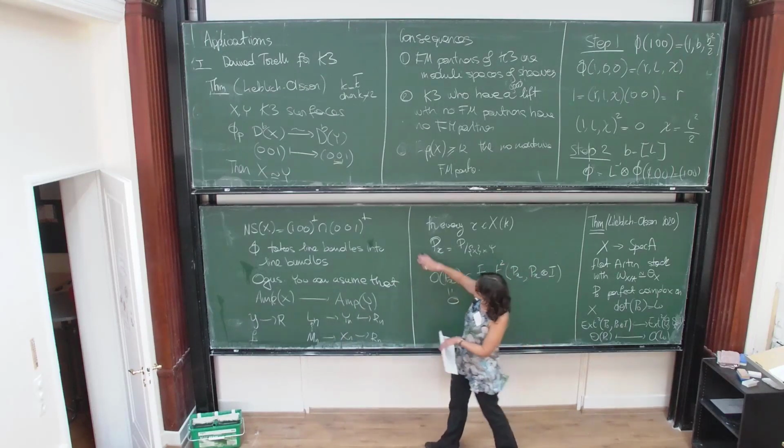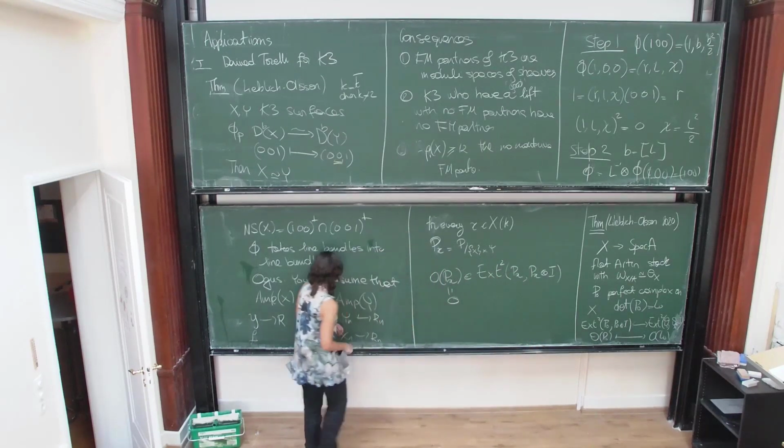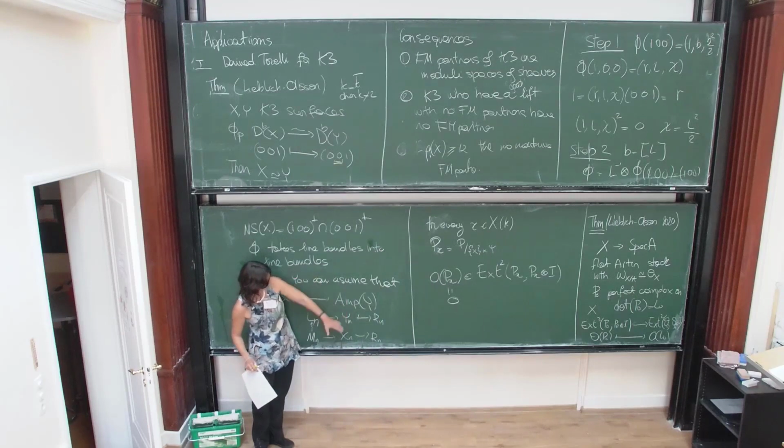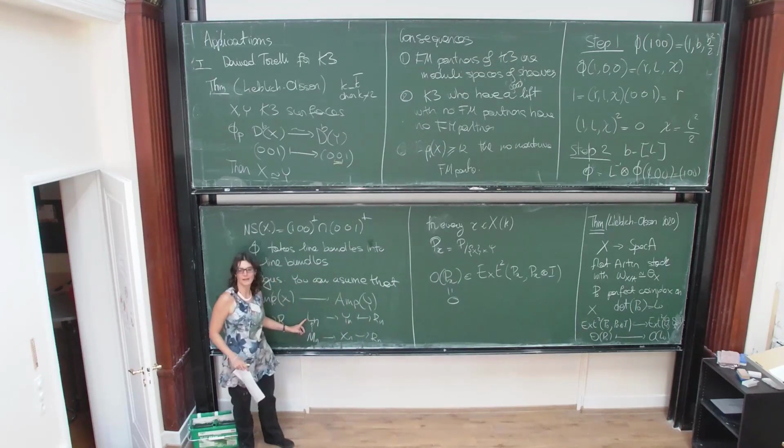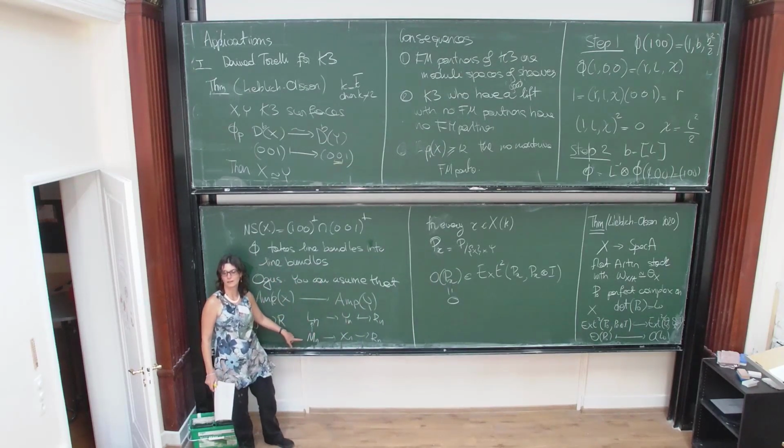So I use this to see that when I deform the equivalence, I can bring with me an ample line bundle on the X side. So the formal lift of X is actually a projective lift of X.